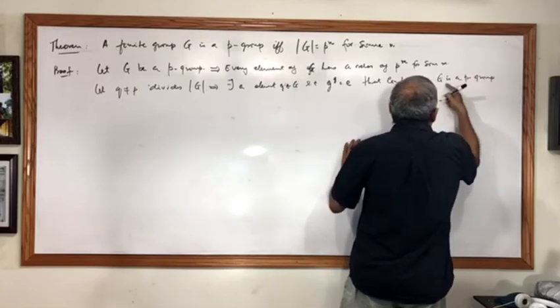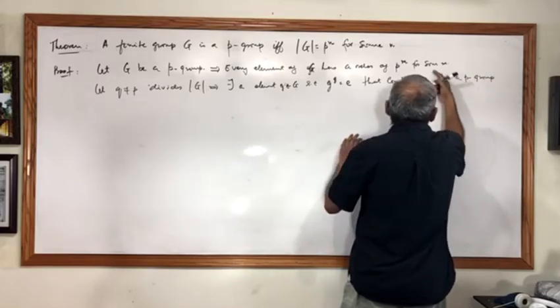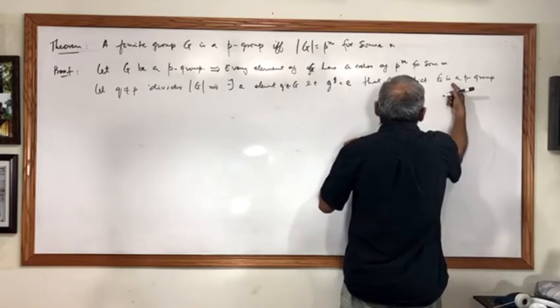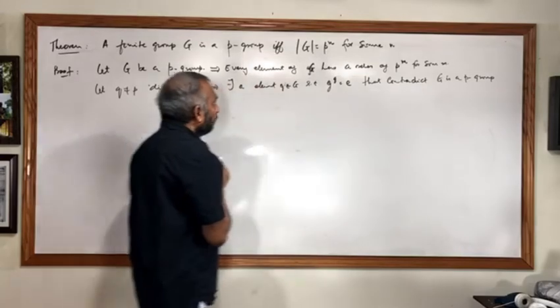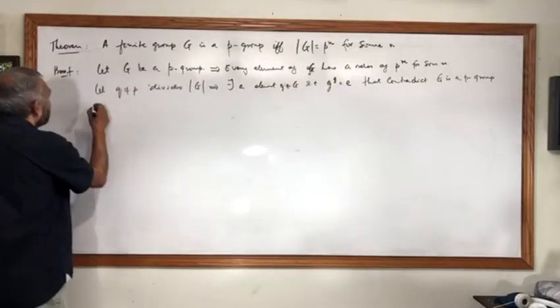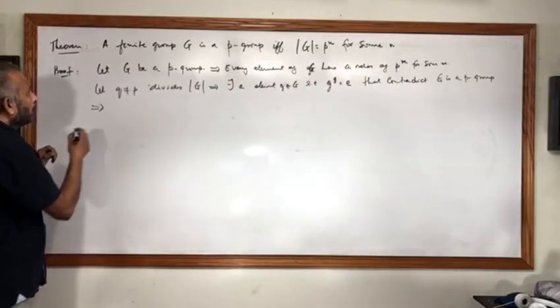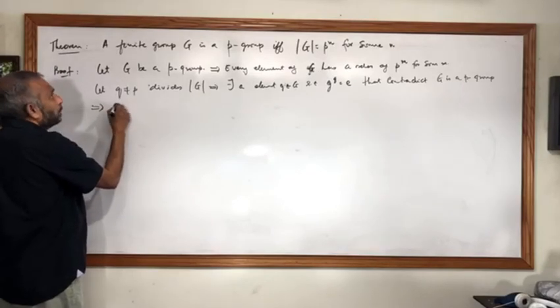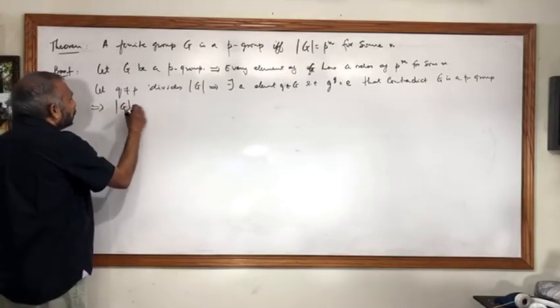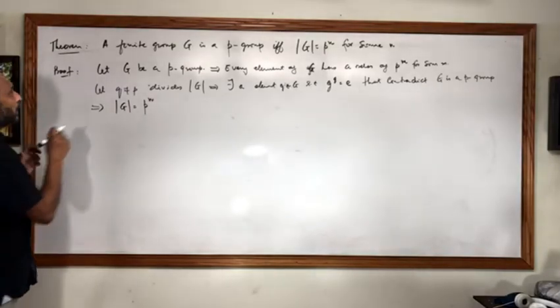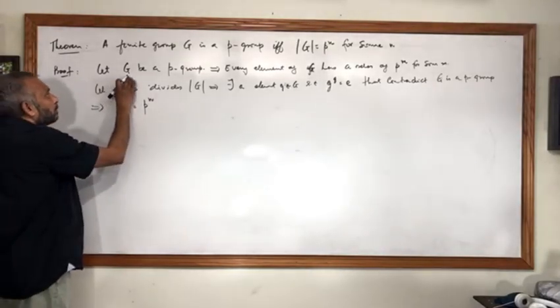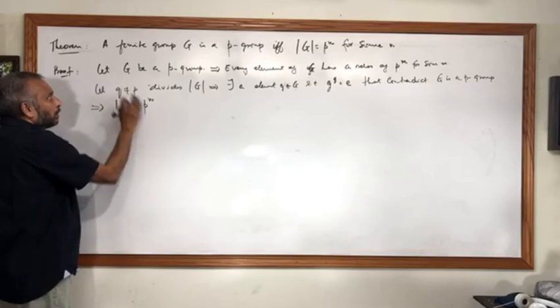If G is a P group, then we cannot have an element of order Q other than P. Meaning there is no other prime factor other than P for the order of G.